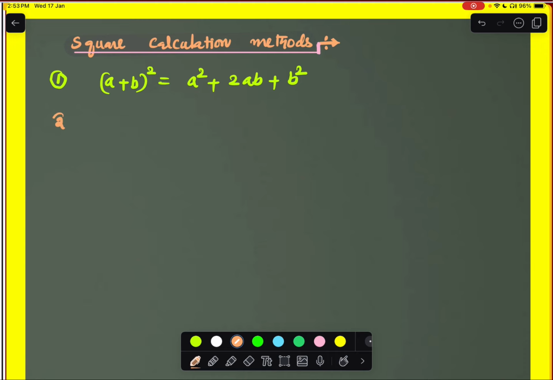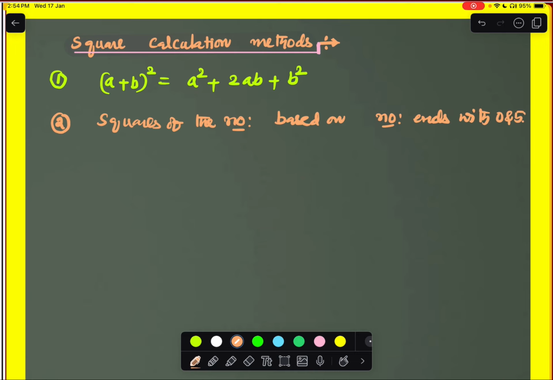Next method, the second method: squares of numbers based on numbers that end with 0 and numbers that end with 5.